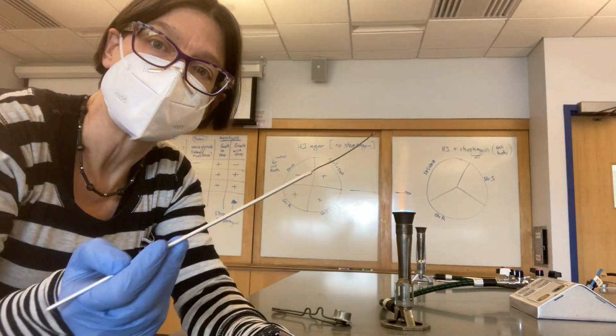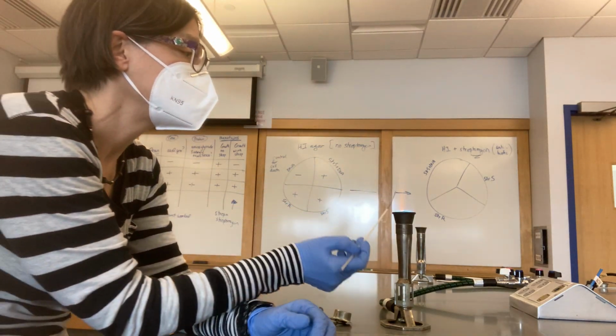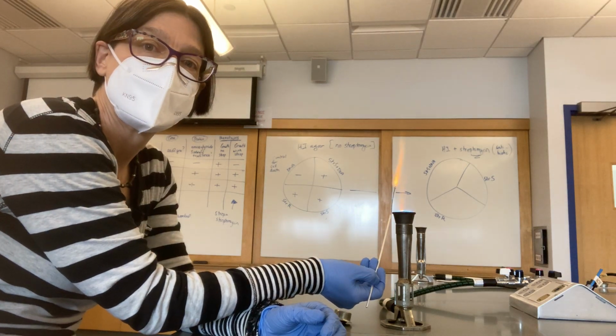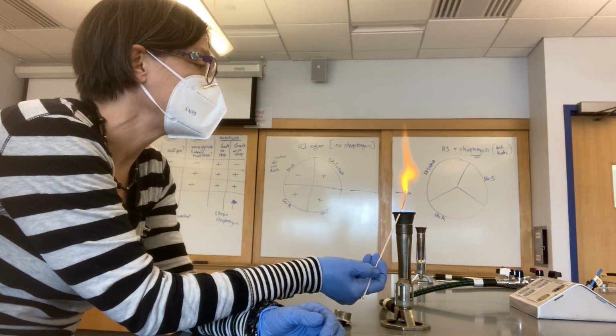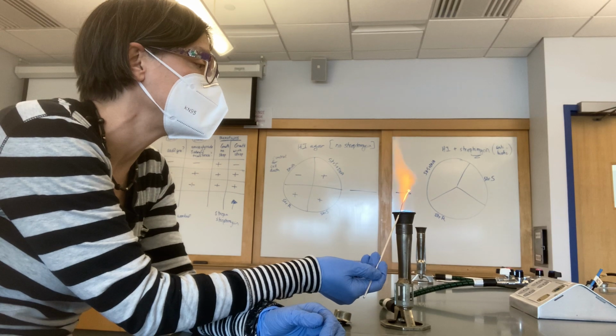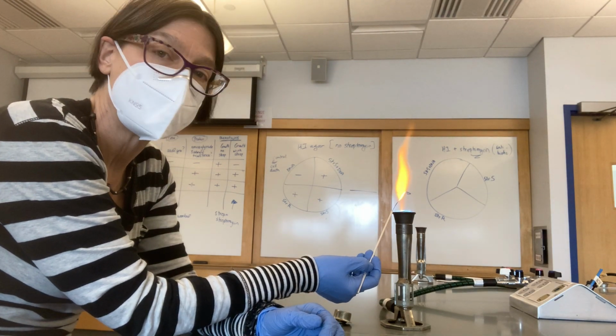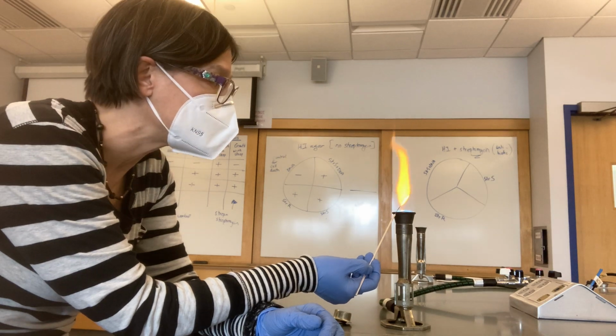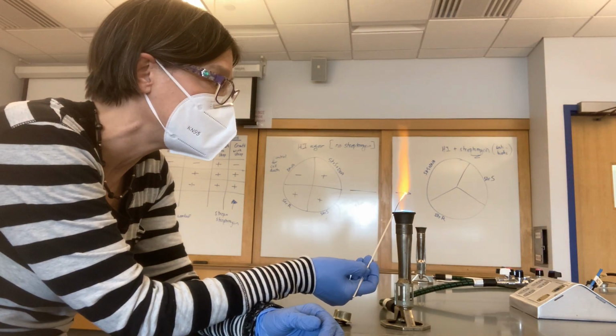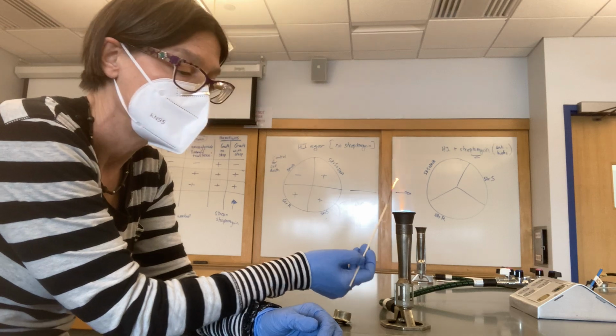Then I'm going to sterilize this loop again by flaming. It gets red hot and it burns off all the cell matter on it and it sterilizes it. Then I'm going to get the STRS plus DNA cells, the hopefully transformed cells.